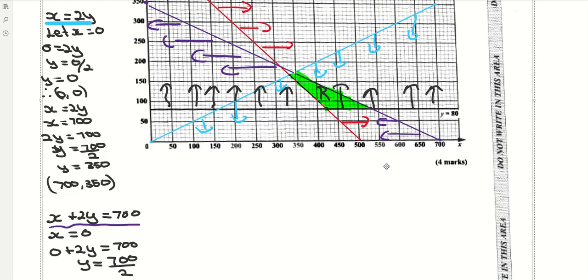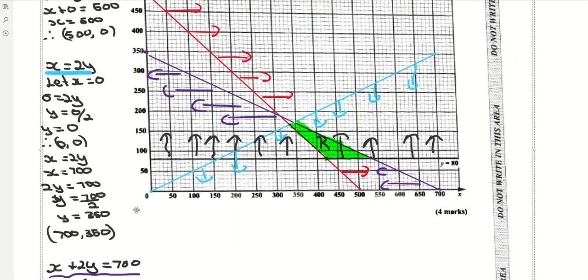Plot those points, that is my purple line. When x is equal to 0, that's on your y-axis. So that's this coordinate here, 350 here. And this coordinate here, y is equal to 0 and x is equal to 700. That is this coordinate right here.